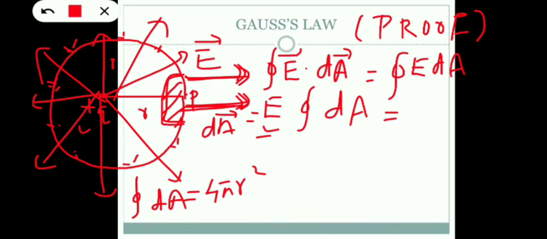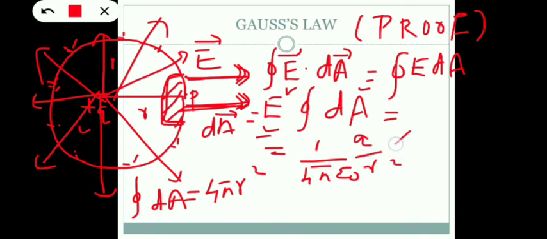So substitute the expressions for electric field intensity E and the closed integral dA. What you will get: 1 by 4 pi epsilon naught into Q by r square into closed integral dA. What is closed integral dA? It is 4 pi r square. Now you can see some like terms are there: 4 pi cancels, r square cancels.